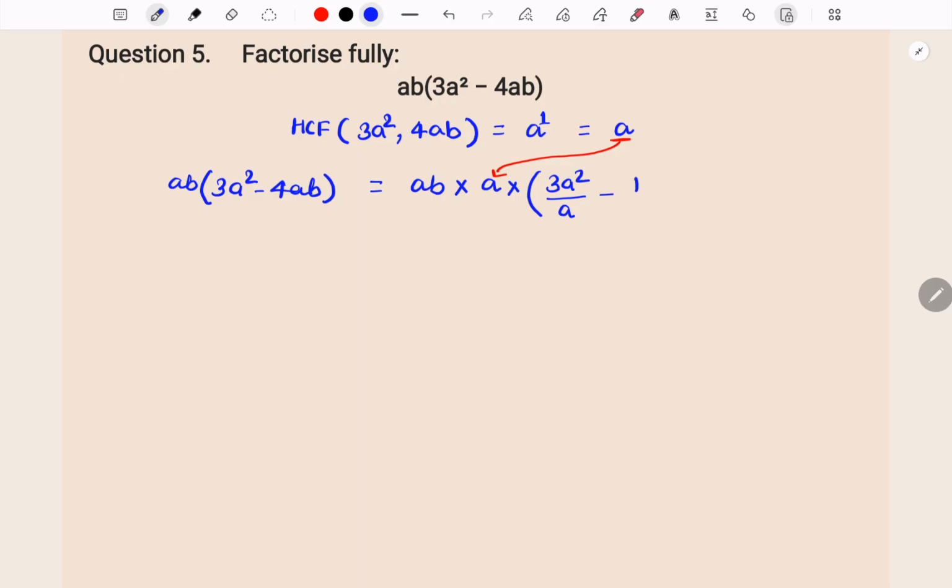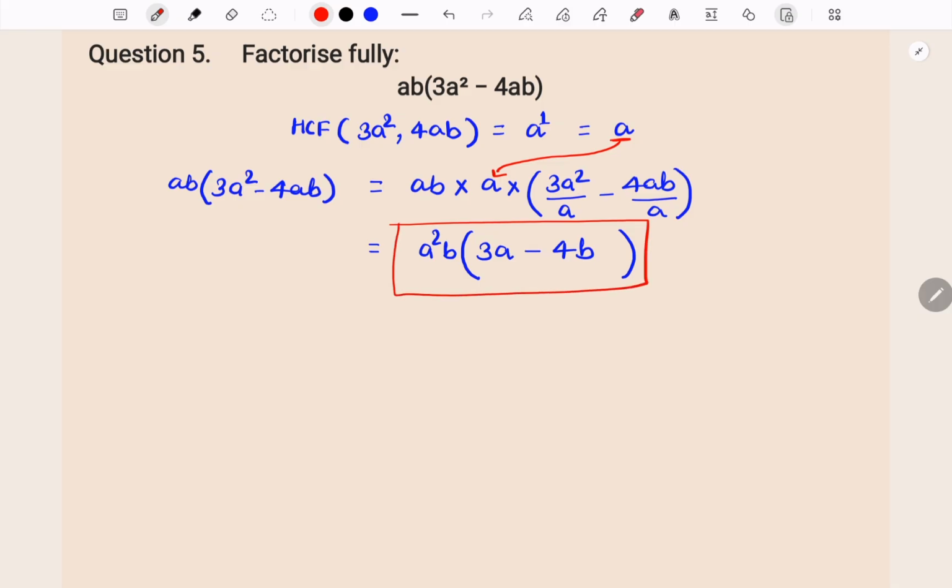Here outside the bracket, I can multiply ab times a is a^2 b, and now let's simplify inside the bracket. 3a^2 over a is simply 3a, and 4ab divided by a is 4b, so I can write minus 4b. Okay, and this would be the final answer.